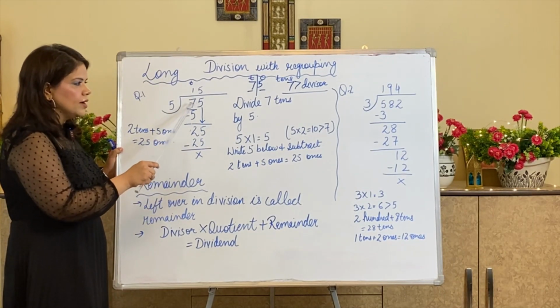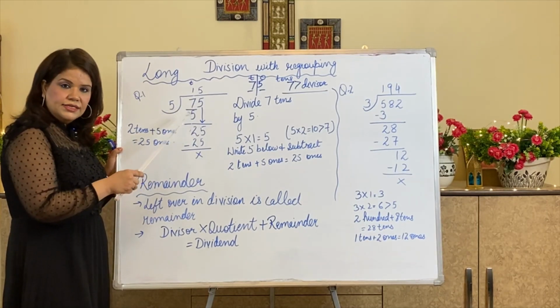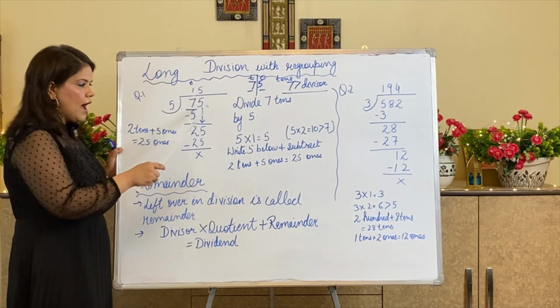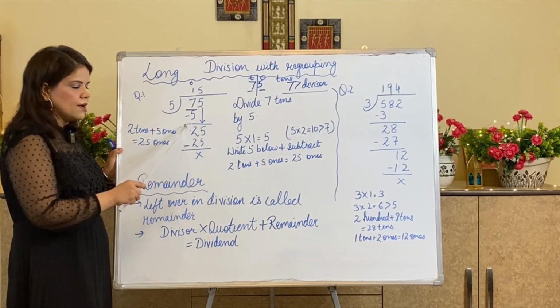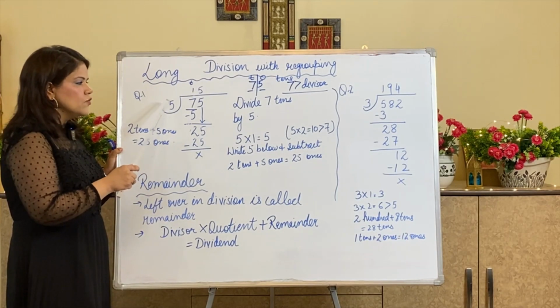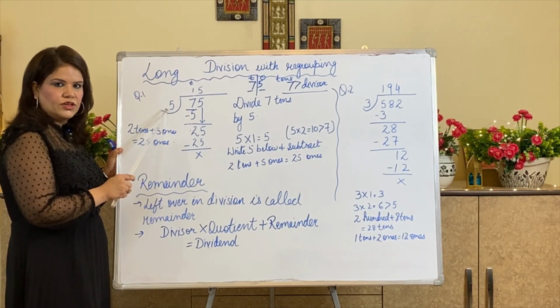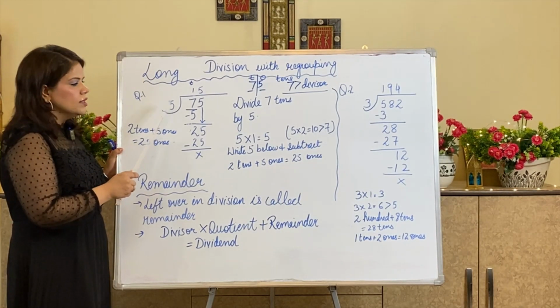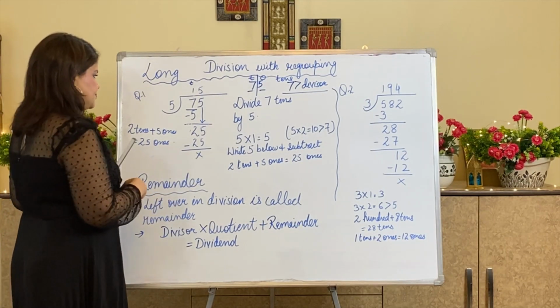Till now we were doing up to this part only, but now I am getting tens leftover and the ones digit is also there. So we have to include this number now to see whether this number is coming in its 5 table or not, because this is my divisor.